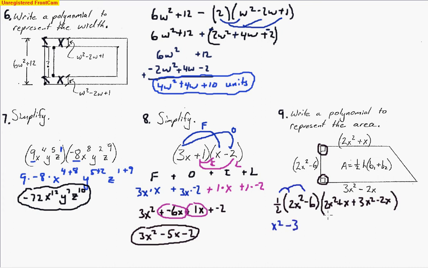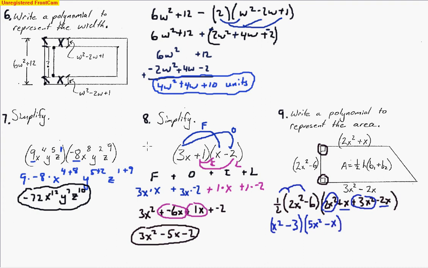Over here I'll sum these terms together, so again I'm multiplying those, so I've got to keep parentheses around it, and then combine some like terms here. So you see how I have a 2x squared and a positive 3x squared, so that makes a 5x squared. And then over here I have a 1x and a negative 2x makes a minus x.